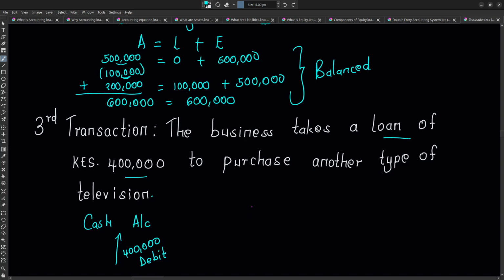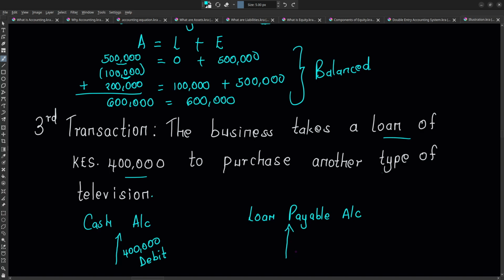Then the other account that is being affected is what we call the loan payable account. This is where we record the liability, that is the obligation to pay this loan, and we need to recognize an increase to that account.